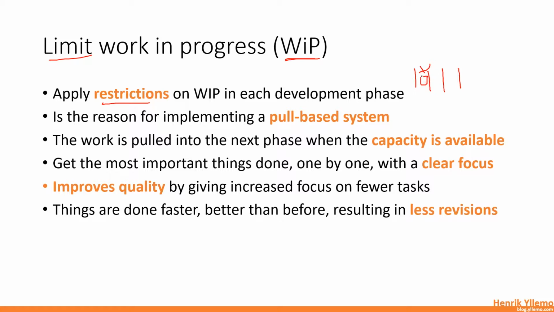If we only allow 1 task at a time in this column, another task can't move into this specific state unless it's free, unless it's been cleared. And that means we have a clear focus on the capacity when the capacity is available. So this can't move into the next column unless it's free.